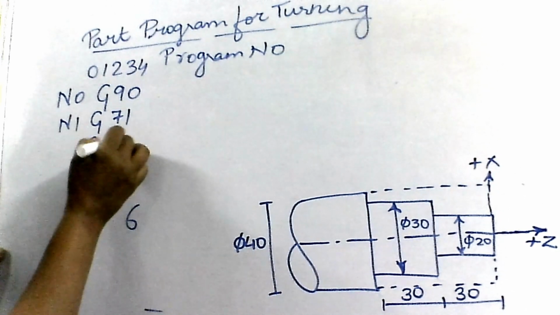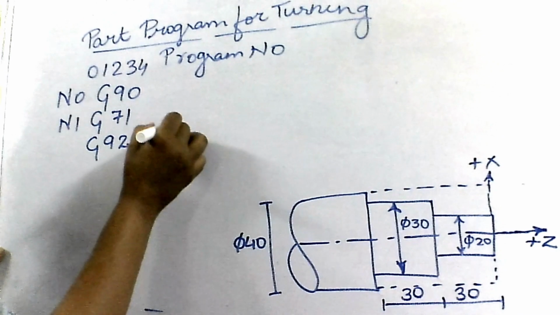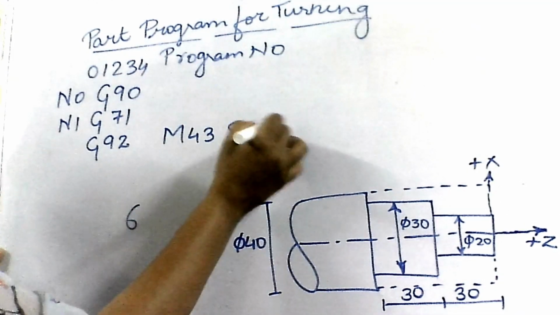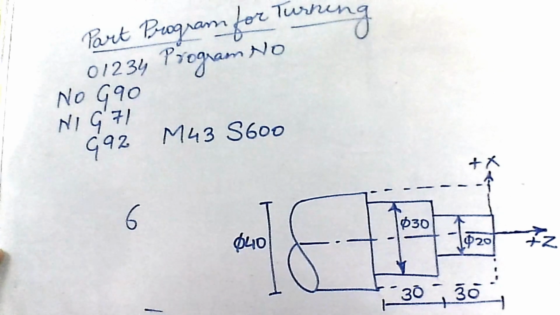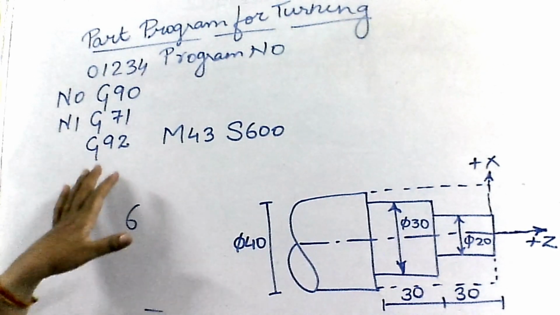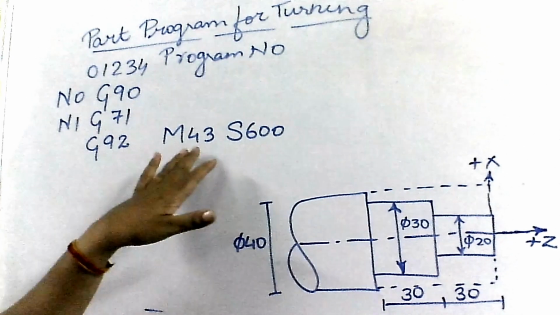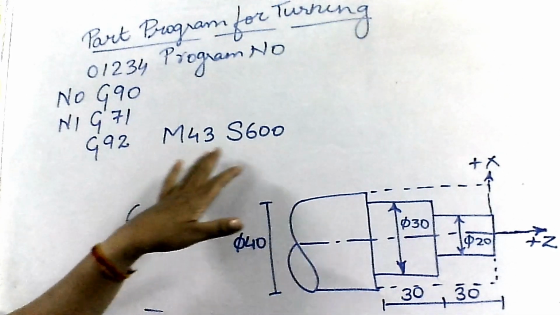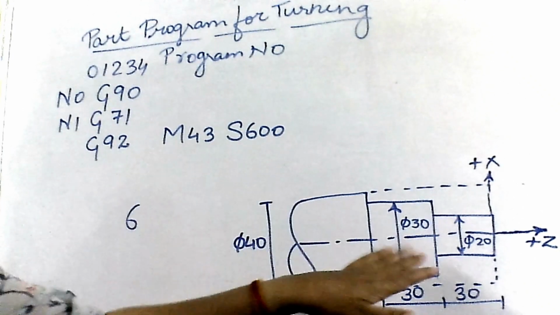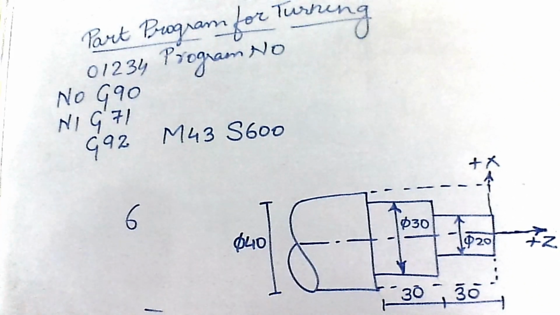Then next is G92. Along with that, I am going to specify M43 and spindle speed as 600 RPM. G93 is used for maximum spindle speed clamp. M43 is the low gear and spindle speed is kept as 600 RPM since we are performing step turning operation.